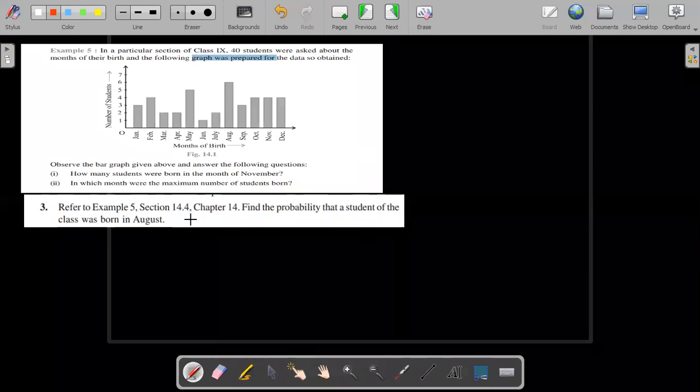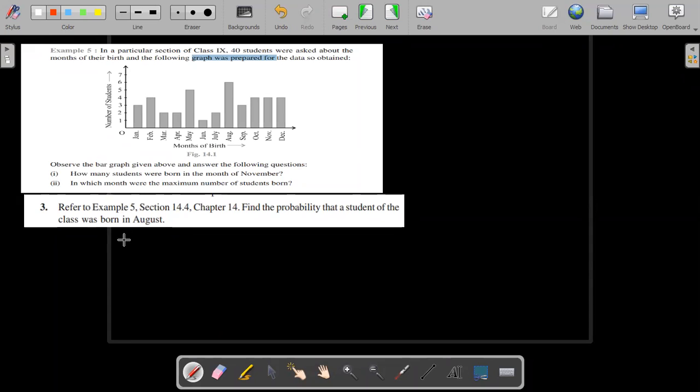Find the probability that a student of the class was born in August. So the total number of students means the total number of possible cases.